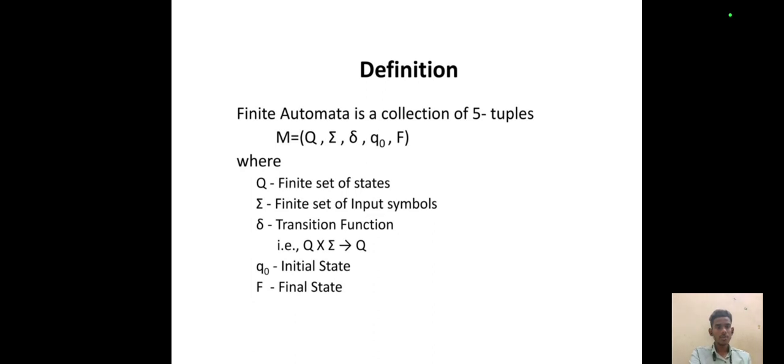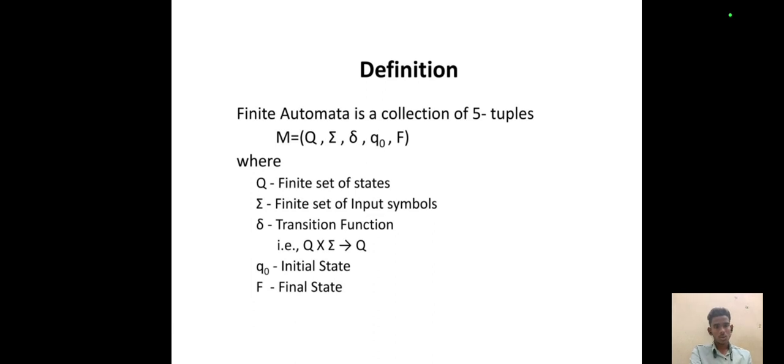Here we see the definition of finite automata. Finite automata is a collection of 5 tuples. M is equal to (Q, sigma, delta, q0, F), where Q defines the finite set of states, sigma defines the finite set of input symbols, and delta defines the transition function.